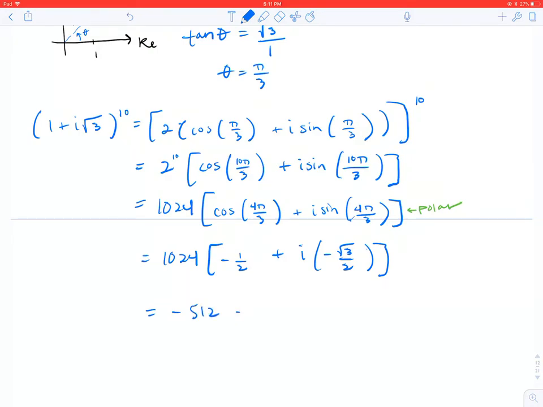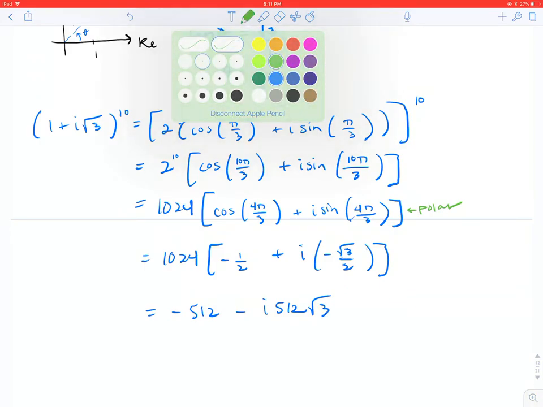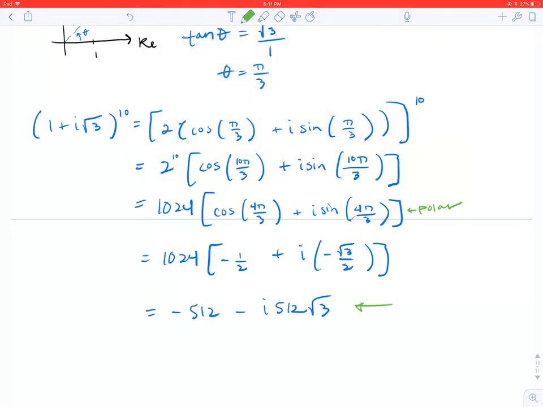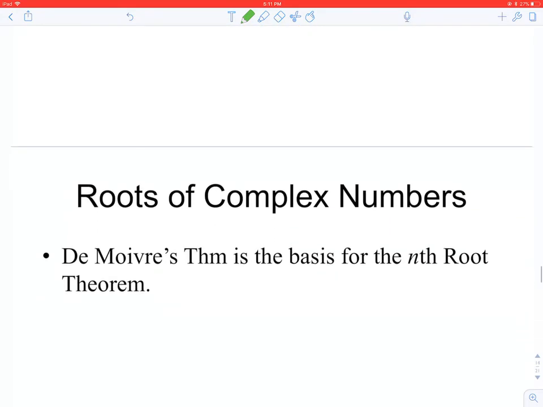So distributing 1024 in, that'll be minus 512, and then minus i times 512 root 3. So there's our answer in rectangular form.